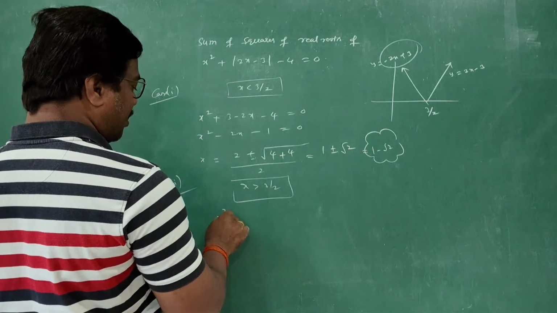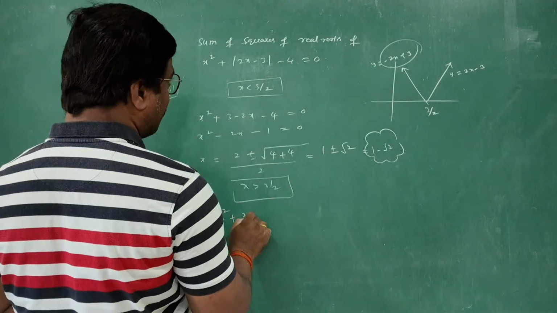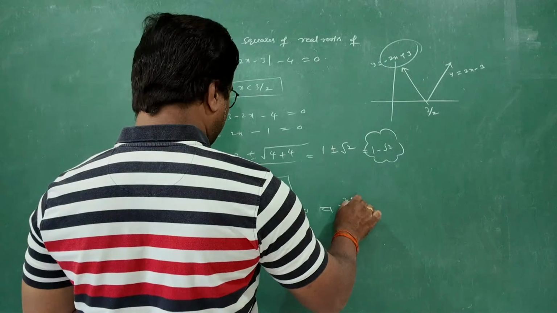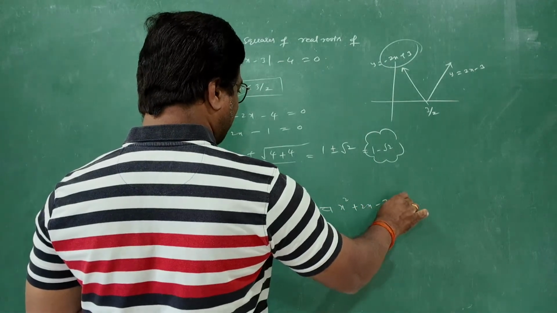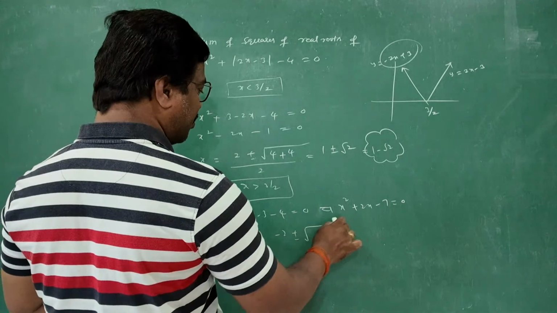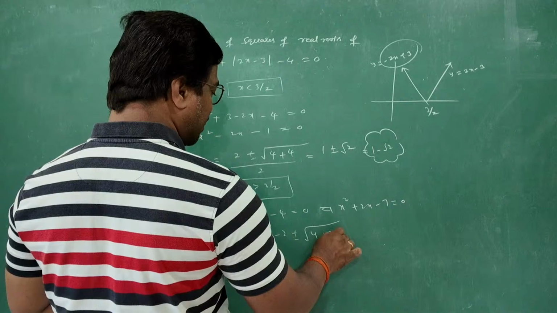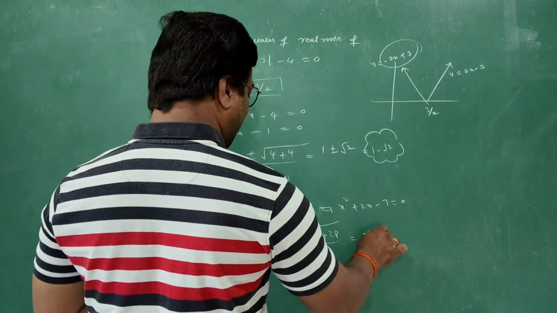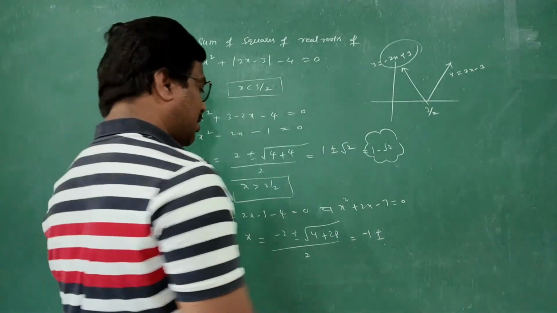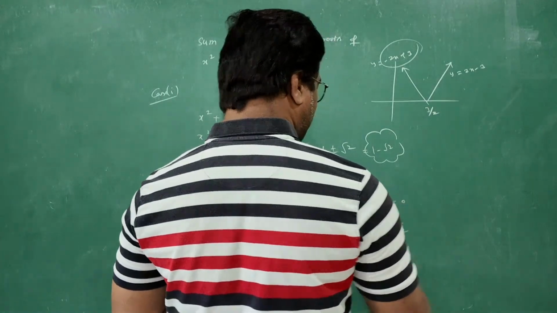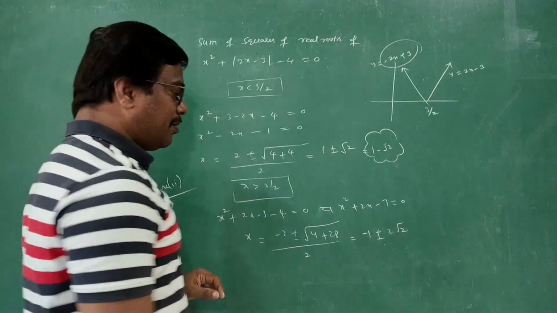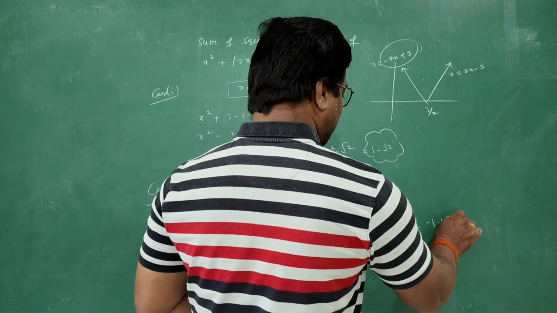Due to that, the special function changes to 2x minus 3, then minus 4 equals 0. That implies you will get x square plus 2x minus 7 equals 0, and again using the formula minus b plus or minus root over b square minus 4ac by 2a, we get minus 1 plus or minus root 8, that is minus 1 plus or minus 2 root 2, in which due to more than 3 by 2, minus 1 plus 2 root 2 you have to select.